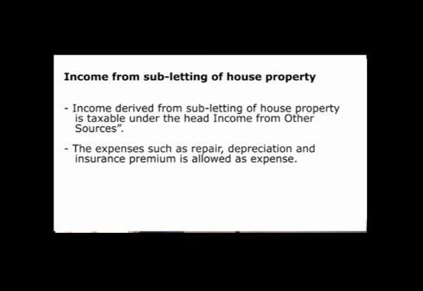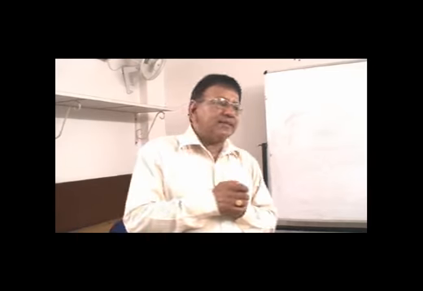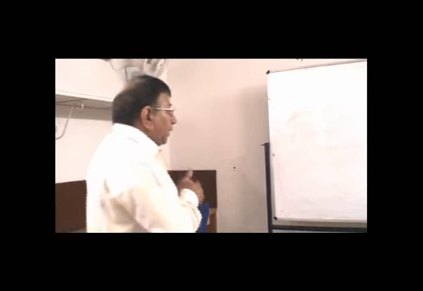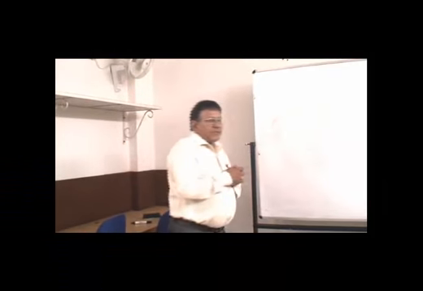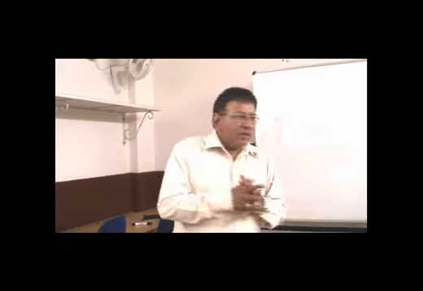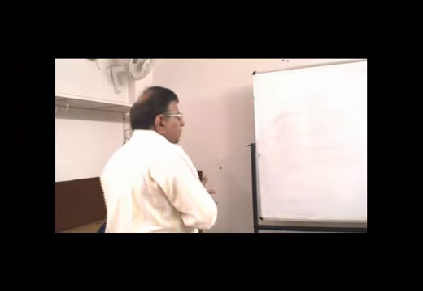Now if the income is derived from subletting of the house property, then the income shall be taxed under the head income from other sources. But for computing the income under this head, expenses such as repair, depreciation or insurance premium would be allowed as an expense while computing the income.